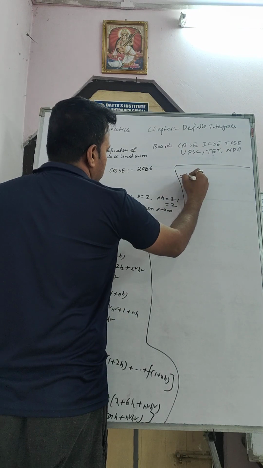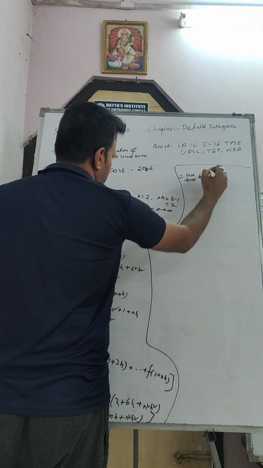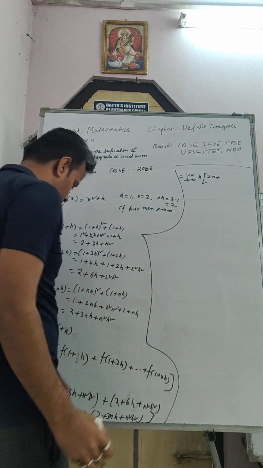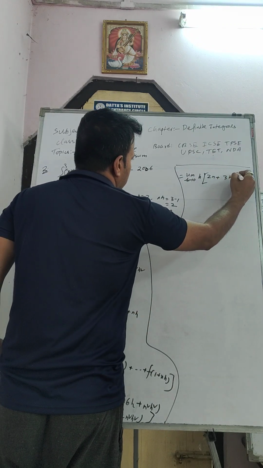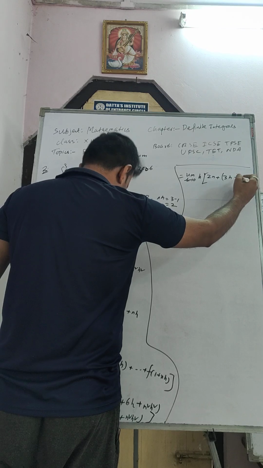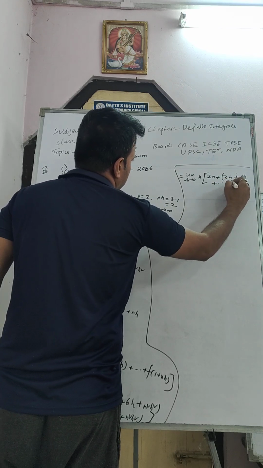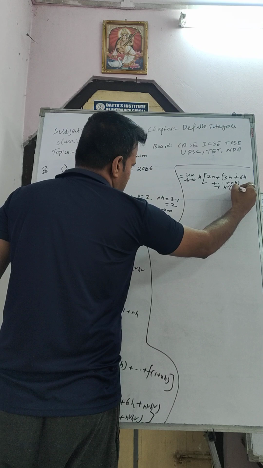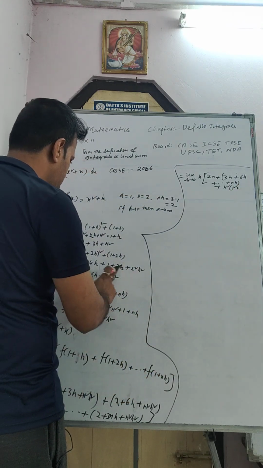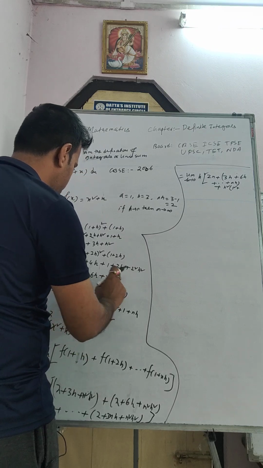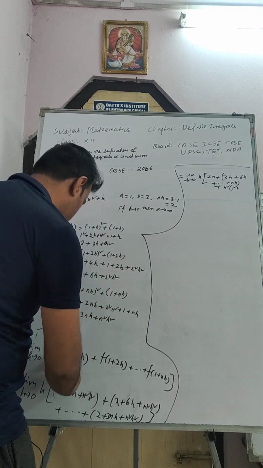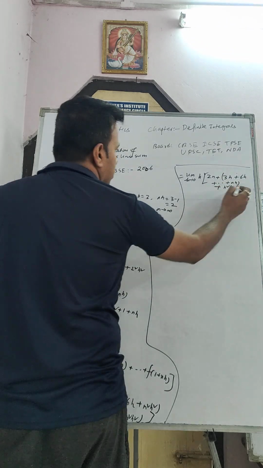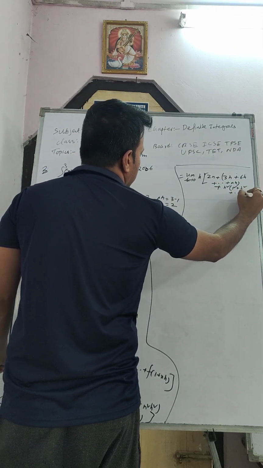Now limit h tends to 0, h into 2n plus, if I take 3h as common, it will become 3h times (1 plus 2 plus dot dot plus n), plus, if I take h square common, it will be 1 square plus 2 square plus dot dot plus n square.